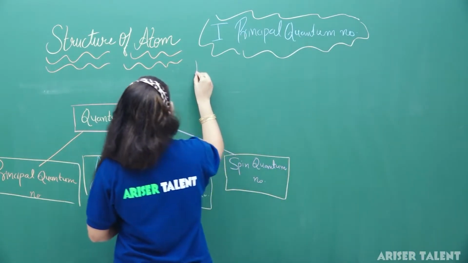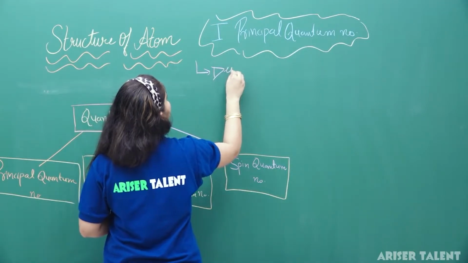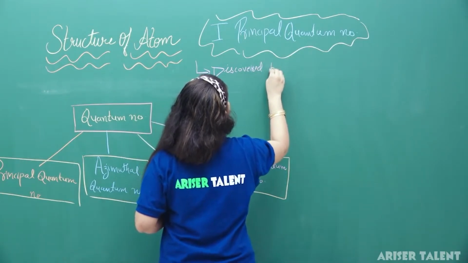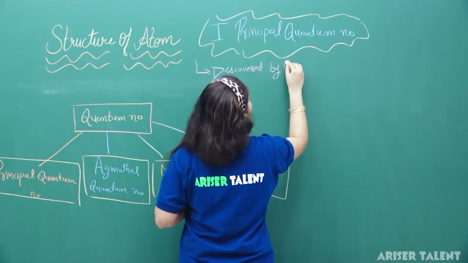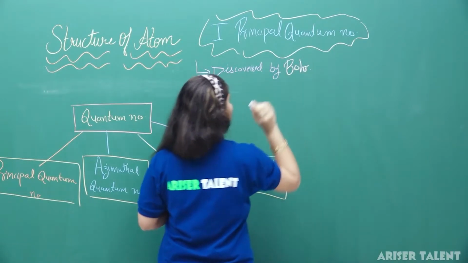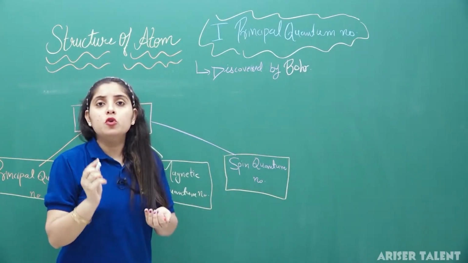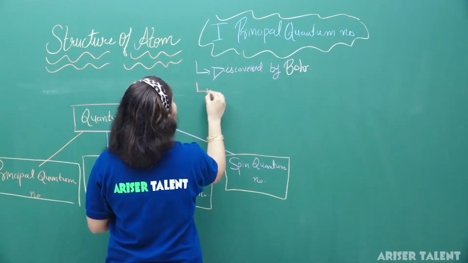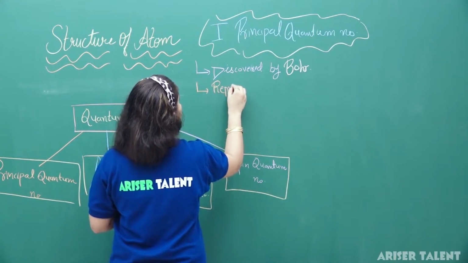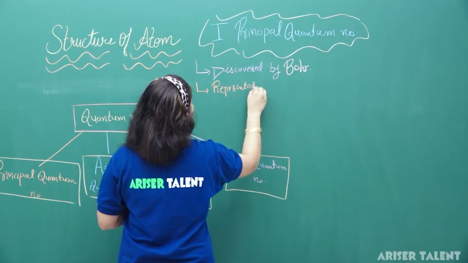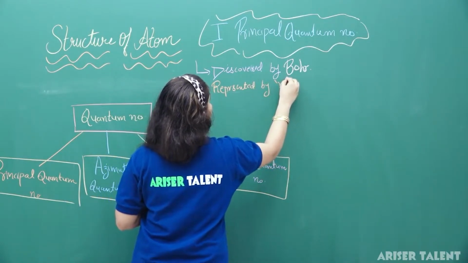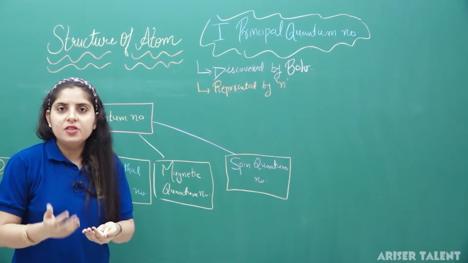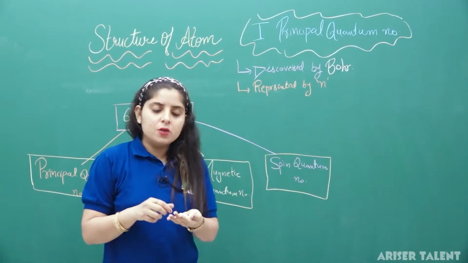So our first point of consideration is these numbers are discovered by Bohr. Second, these numbers are usually represented by a symbol, that is small n. These numbers usually tell us about the energy, shape and the size of the orbital.